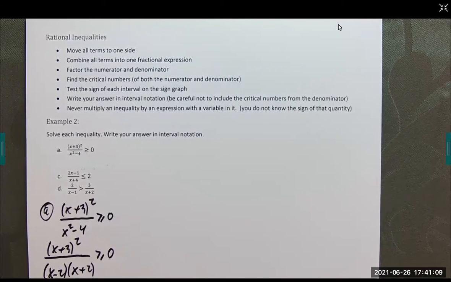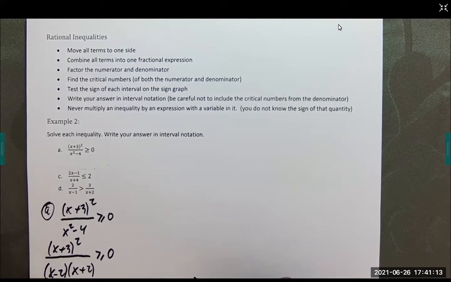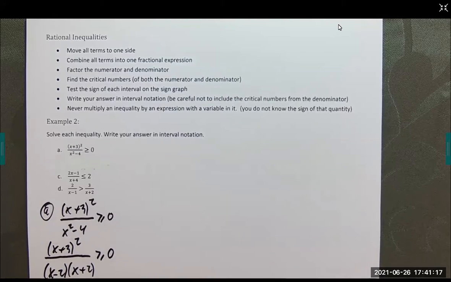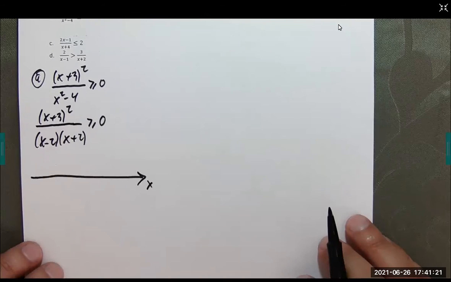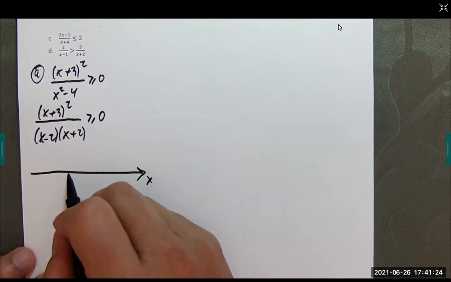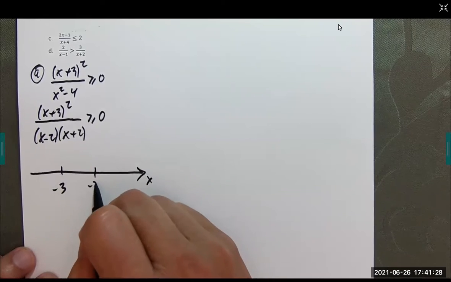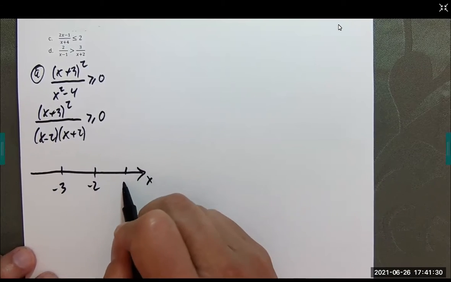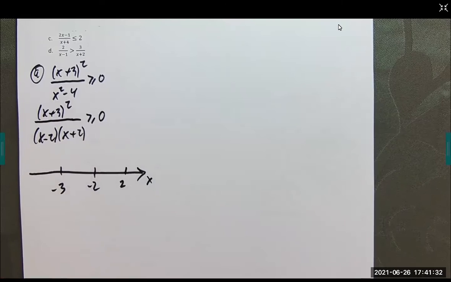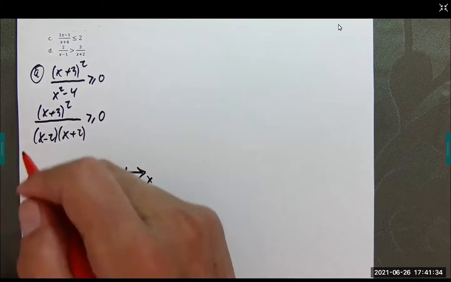Our critical values are both the ones that make the numerator and denominator equal to 0. We, of course, will never include 2 and -2. No matter what, that's not a possibility at all. But we have -3, -2. I know these aren't spaced right.